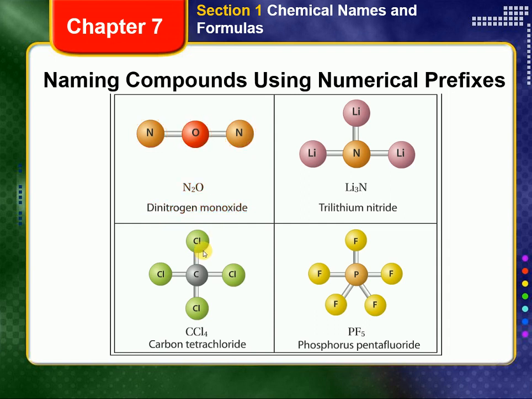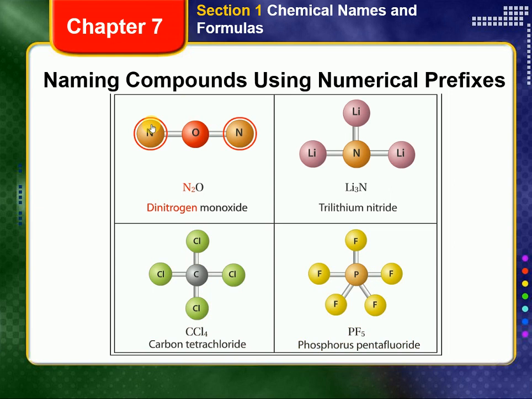Dinitrogen monoxide. Now we see a carbon. Notice that there's only 1 carbon, but we don't say mono in front of the first element. If it's a mono in front of the first element, we drop it. Just like we see over here in PF5. There's 1 phosphorus. We don't say monophosphorus, we simply say phosphorus. If there's more than 1 of that first species, like in dinitrogen, yes, we have to say that.